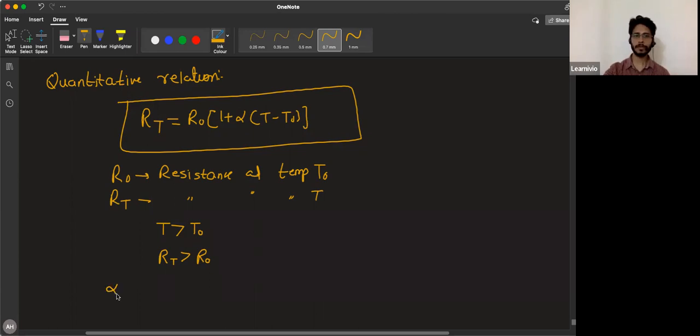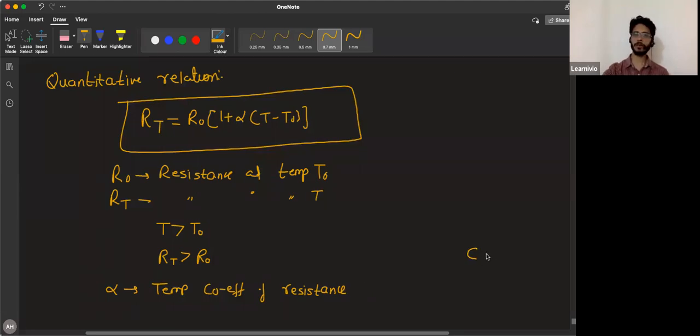And this alpha is the temperature coefficient of resistance. It means for different materials, the value of alpha will be different. Different materials will have different values of resistance for the same temperature variation.